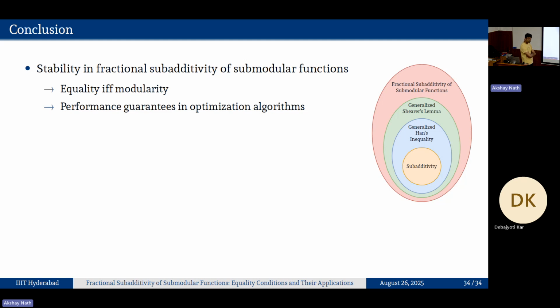If it's a linear function and you run the greedy algorithm, you're optimal. And the 1 minus 1 over e is for where the curvature is really bad, the worst among submodular functions. So the smaller this epsilon.